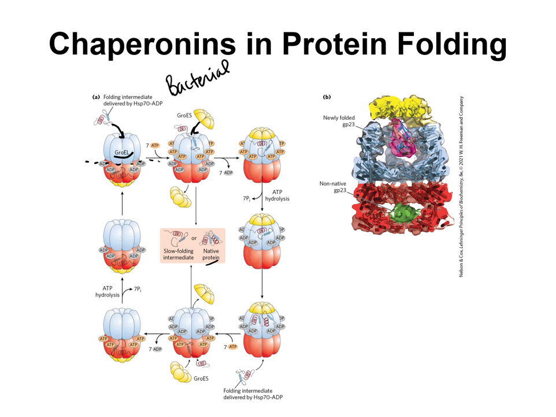And now we can have a new one come in, or we can have a folding intermediate somehow delivered by another heat shock protein, which are just chaperone proteins. So you can have another protein bind in this bottom part, and then you hydrolyze ATP again, and then you release something else. So it's really an ongoing thing.